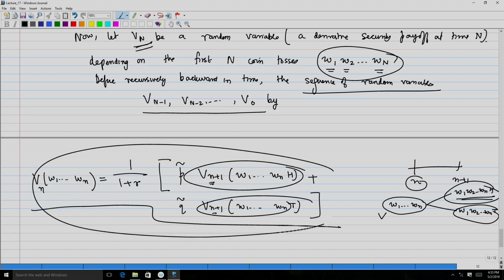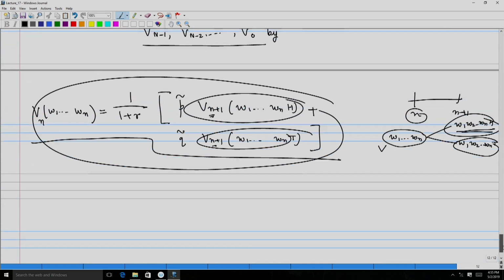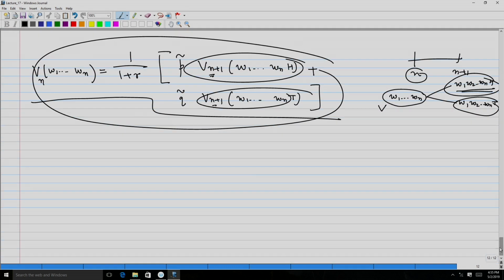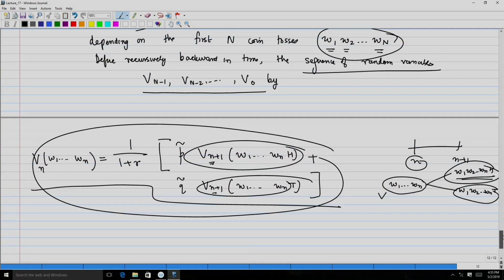So, this particular recursion, we have already seen specific cases of it earlier when you were calculating V1 and V0 from V2. So, continuing with the statement of the theorem, we define recursively this sequence of random variables.